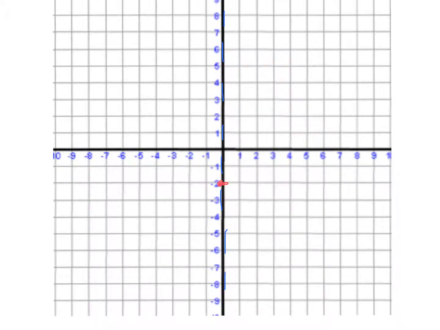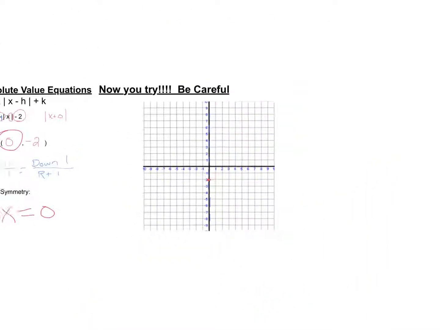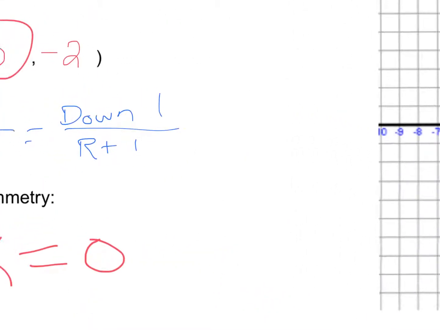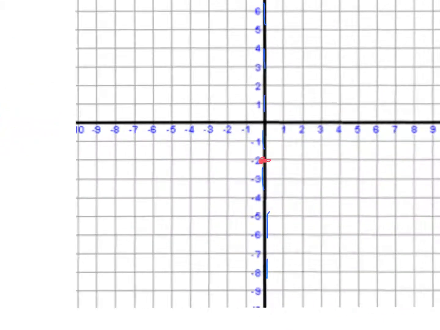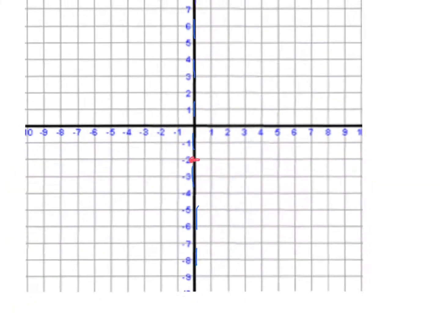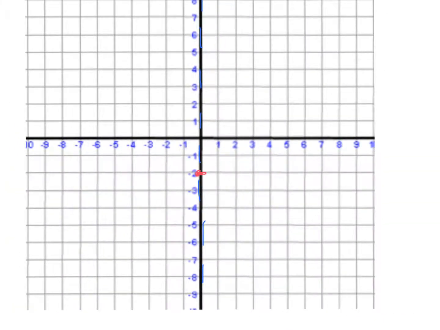Now my slope was down 1, right 1. So from my vertex location, I'm going to go down 1, right 1, like so.